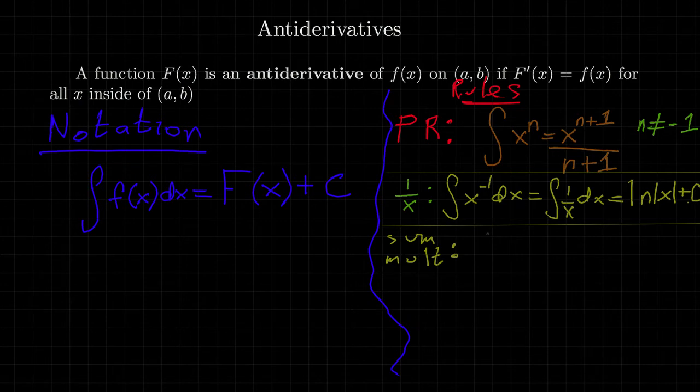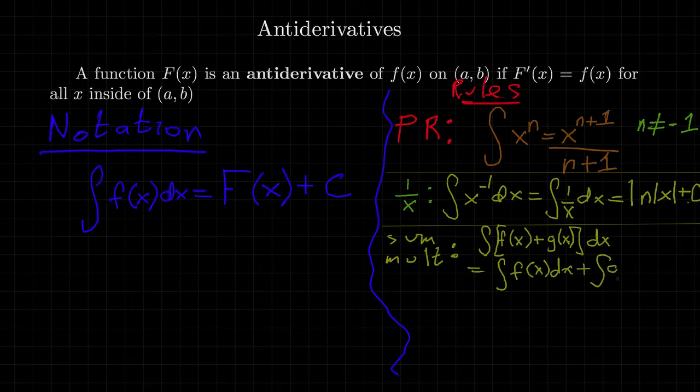And those are just the basic rules, same as the derivatives. If you're looking for the antiderivative of the sum of two functions, all you have to do is find the antiderivative of the first function plus the antiderivative of the second function.